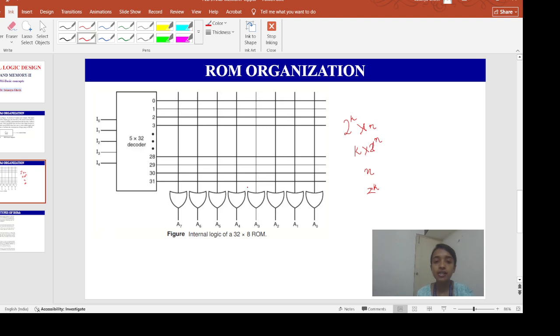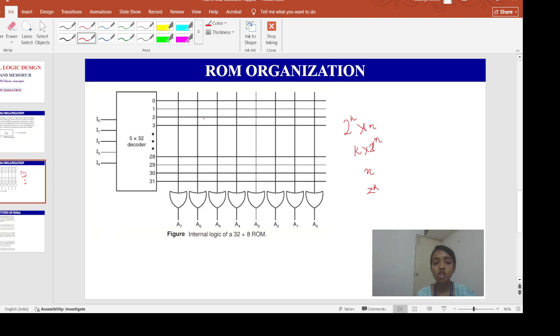Okay, now all these 256 interconnections are programmable. The programmable connection between the two lines is logically equivalent to a switch, right?